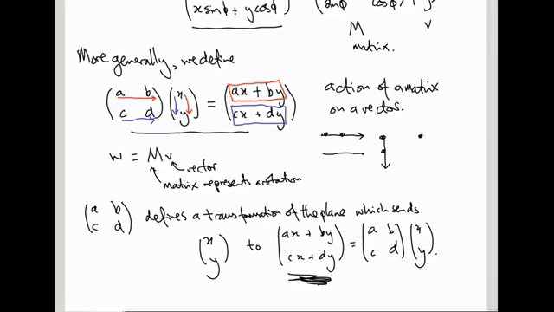So that's a mnemonic for matrix multiplication into a vector. And the same thing is going to give us the action of bigger matrices on bigger vectors, and actually it'll give us a way of multiplying matrices together.